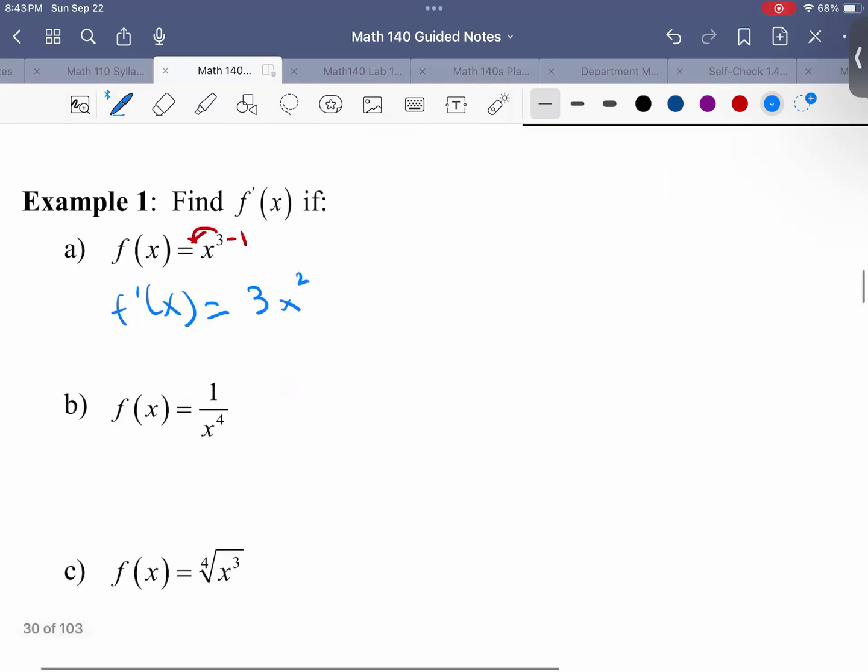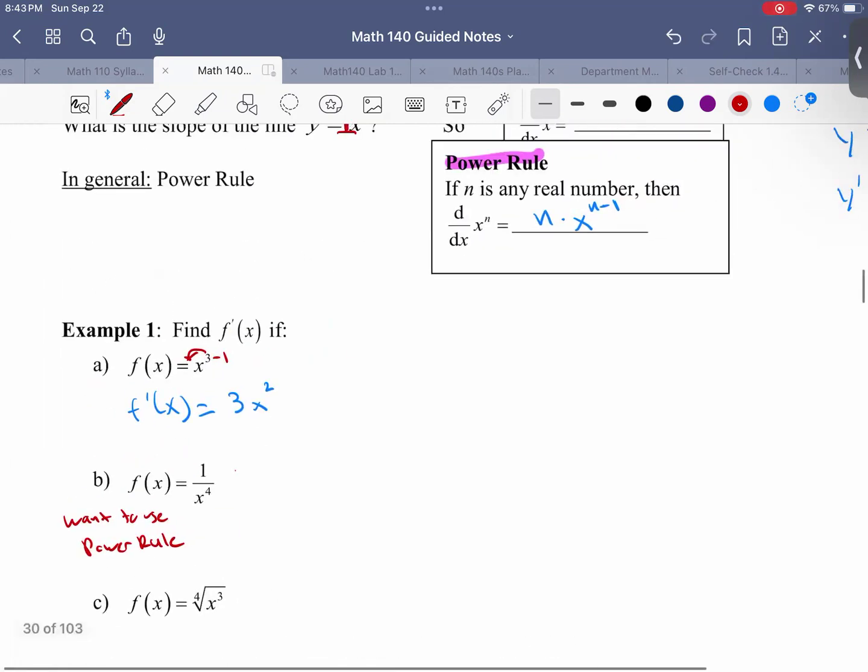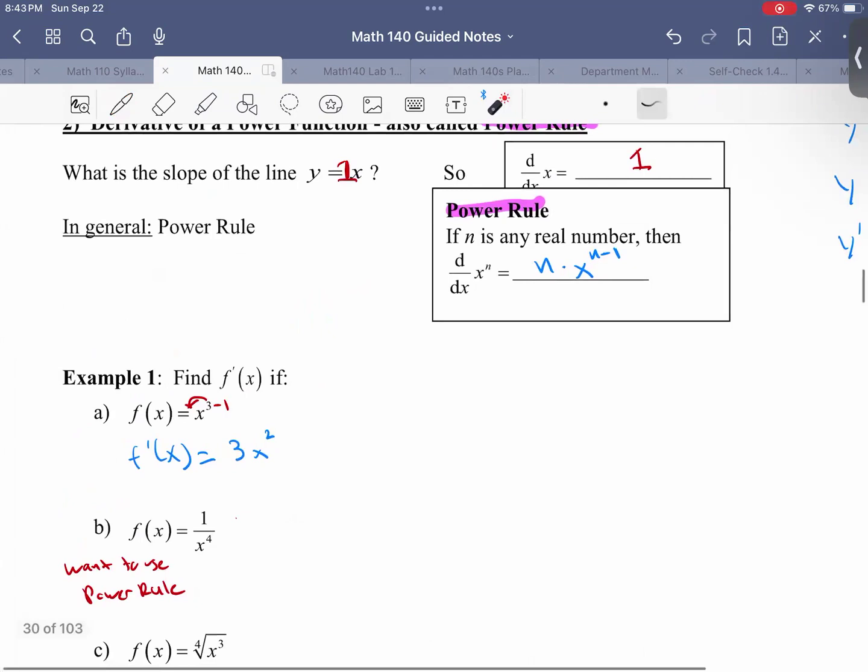Okay. So part B, f of x equals 1 over x to the fourth. Remember, we want to use our power rule, but the issue with the power rule is that the x needs to be in the numerator, up top.